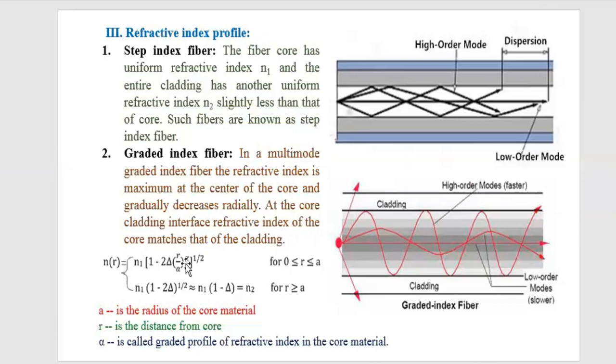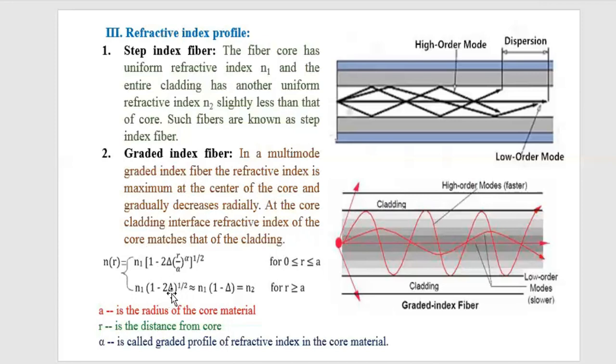Alpha is the graded profile of the refractive index of the core material. For a particular optical fiber, this alpha is constant. By satisfying this condition, there will be a gradual decrement in the refractive index in the core material, that is between 0 to A. For the cladding material, the refractive index is N1 into 1 minus 2 delta power 1 by 2.